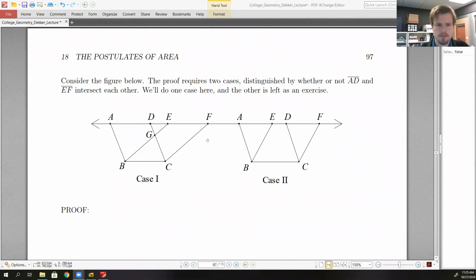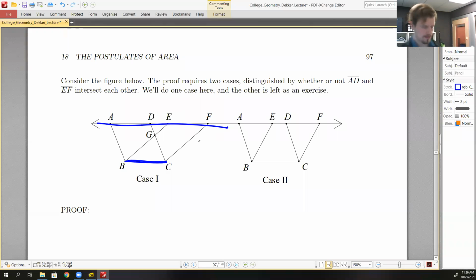So to get a nice visualization of what we're talking about here, we have a common base, okay, and then the side opposite that is in the same line. So if we have a common base, and then we have the opposite sides, this side is in the line, this side is in the line.